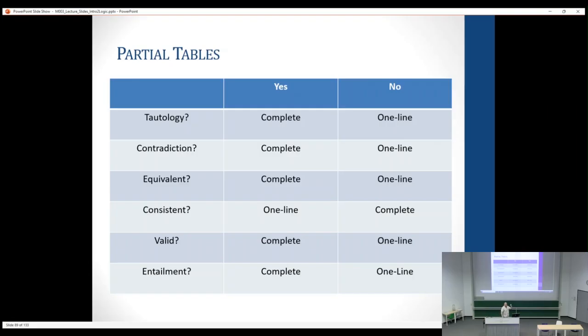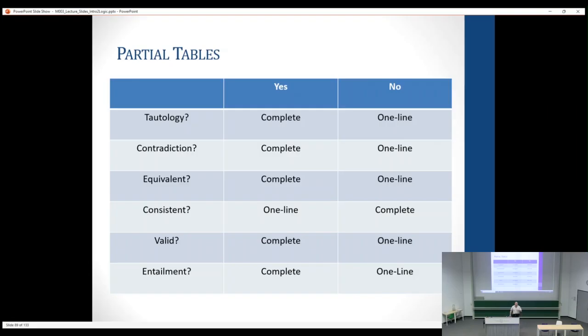You just need to give me one line, one row. One row where the sentence comes out, depending on which one you're trying to show, either true or false. Do we see why? Again, the definition says, in every case. So if you have even one counterexample, it is not the case in every valuation.